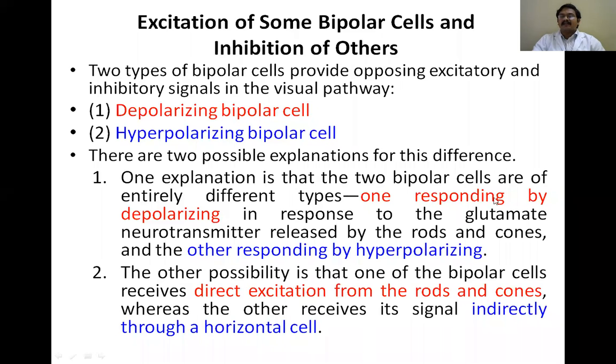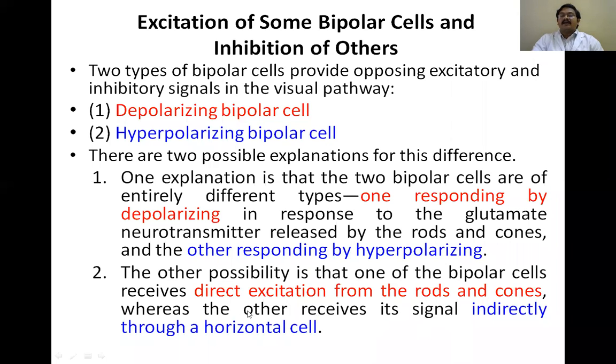One explanation is that the two bipolar cells are entirely different types. One responds by depolarizing, another by hyperpolarizing, in response to the glutamate neurotransmitter released by the rods and cones.